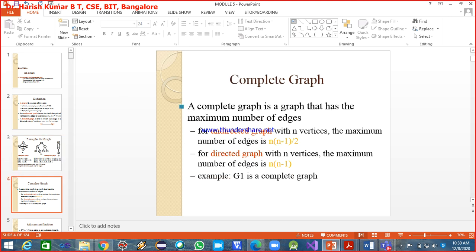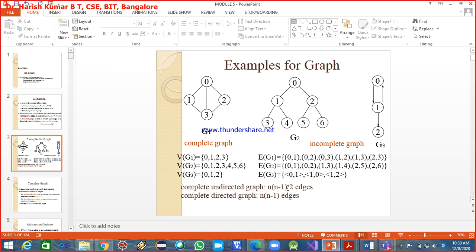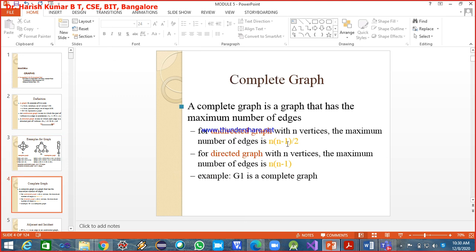Now, in the complete graph, you can have a directed graph and an undirected graph. If you have a complete undirected graph with n vertices, the maximum number of edges will be n into n minus 1 by 2.